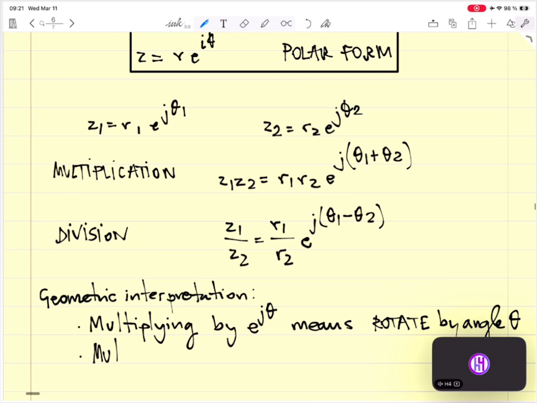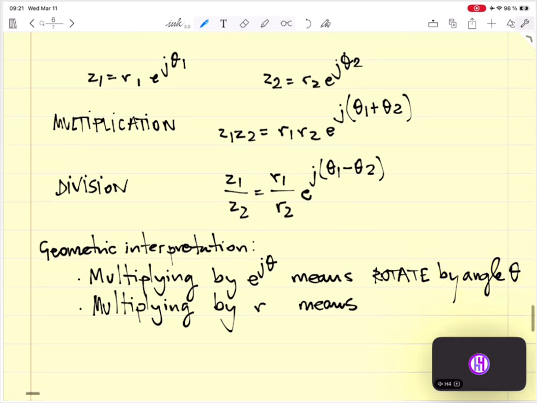Multiplying by r means scale by factor r. Okay. Questions?